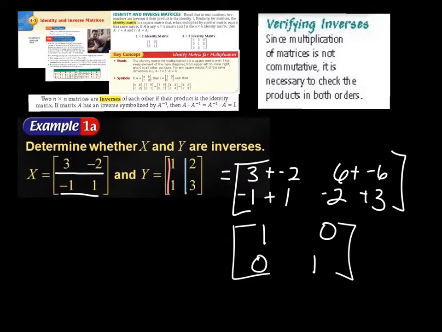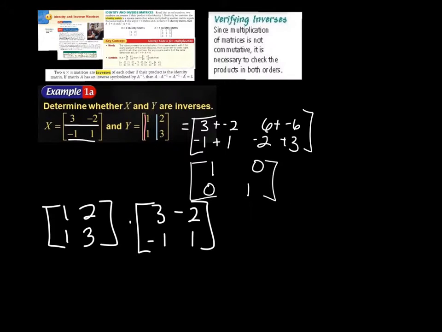Since multiplication of matrices is not commutative, we've got to check the products in both orders. So now we're going to start over, and we're going row by column. So we've got 1 times 3 is 3, plus 2 times negative 1 is negative 2. First row, second column: 1 times negative 2 is negative 2, 2 times 1 is 2, looking good.